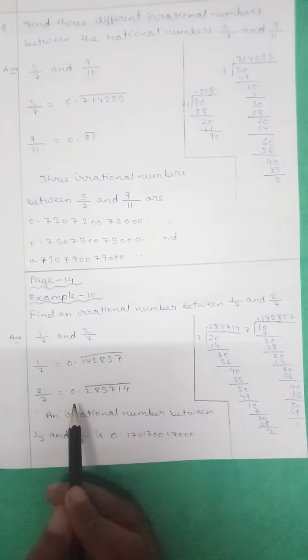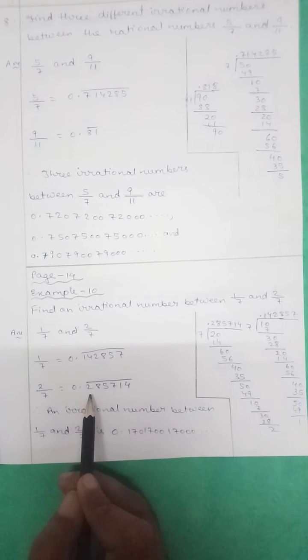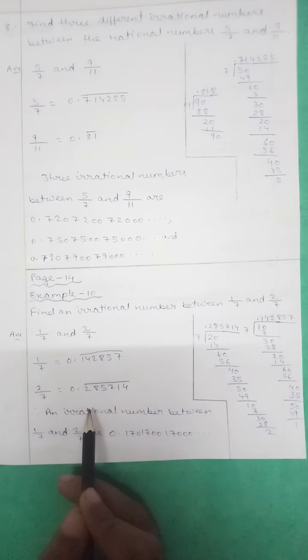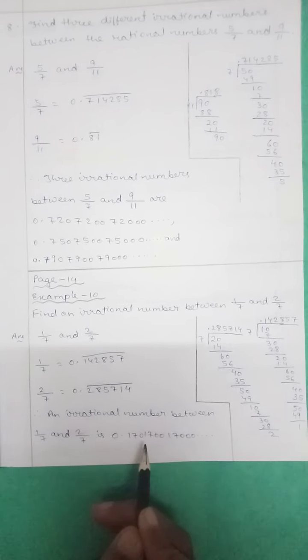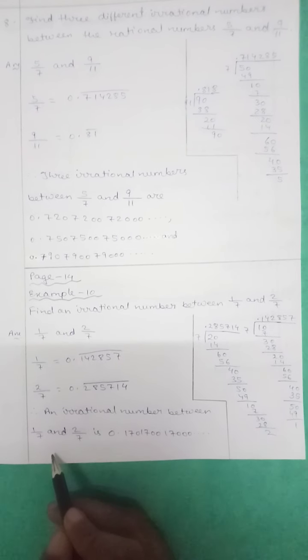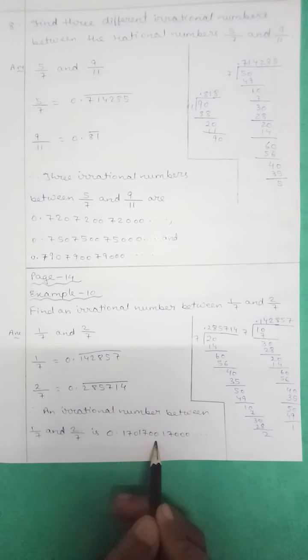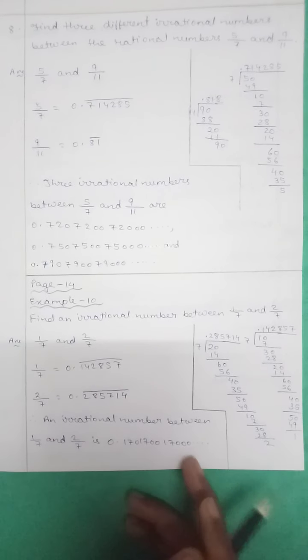Now between them we need only one irrational number. So between 0.14 and 0.28, 15 onwards till 27 you can follow. And any number you can make as non-terminating, non-repeating. So an irrational number between 1 by 7 and 2 by 7 is 0.170, 1700, 17000, and so on.